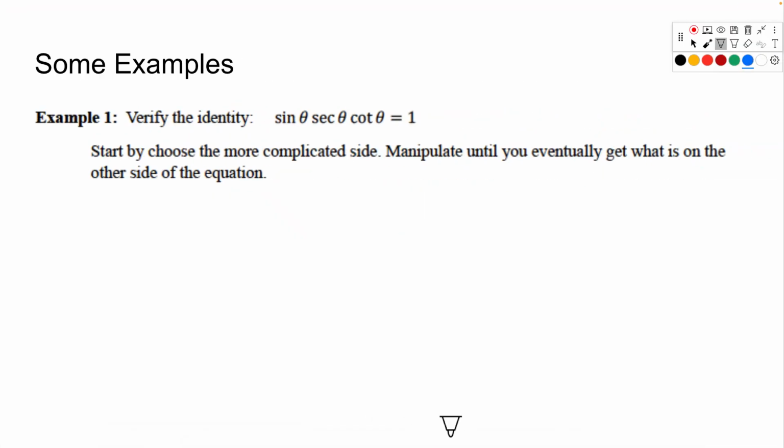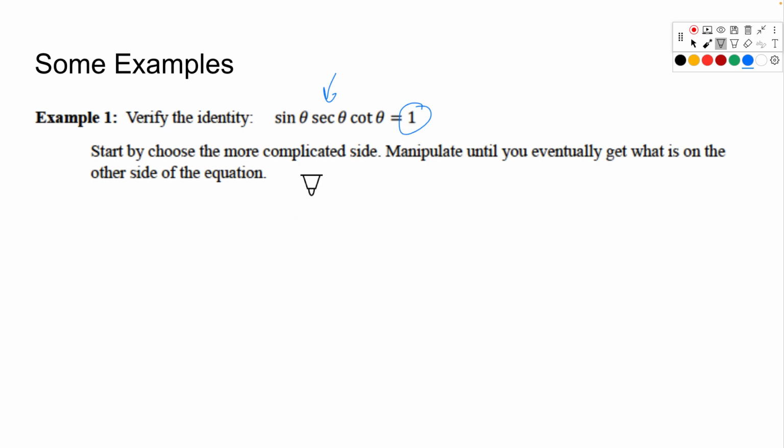Okay, so the process I use is I'm going to take the more complicated side and try to make it look like the less complicated side. So we're going to manipulate the left side until we get it equal to 1. We'll see on the other ones we kind of do that too. What I mean by manipulate is I'm going to change everything into terms of sine or cosine, and then we'll see how things cancel out.